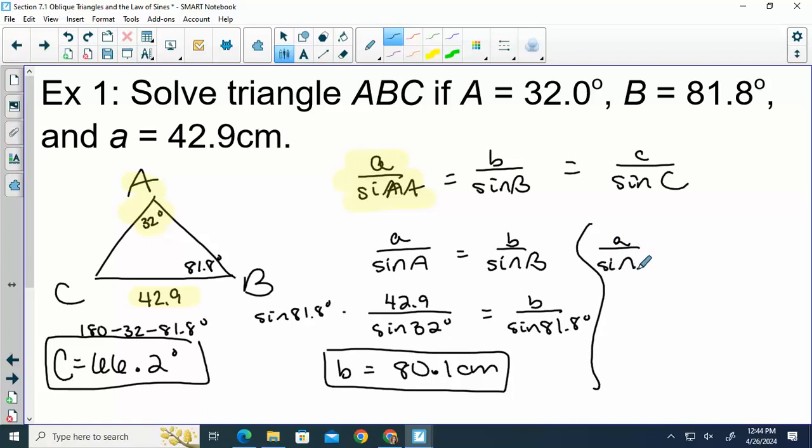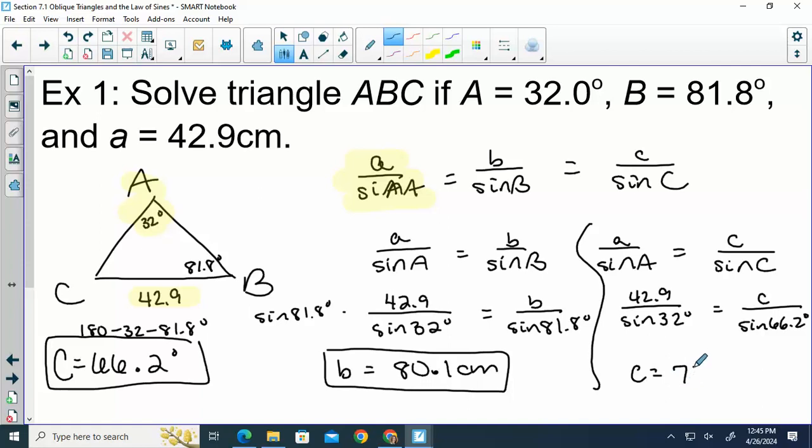A over sine of A equals C over sine C. 42.9 divided by sine of 32 degrees equals C over the sine of 66.2 degrees, because that's what we got for angle C. So all you'll have to do is multiply over the sine of 66.2. 3 significant digits, so 74.1.